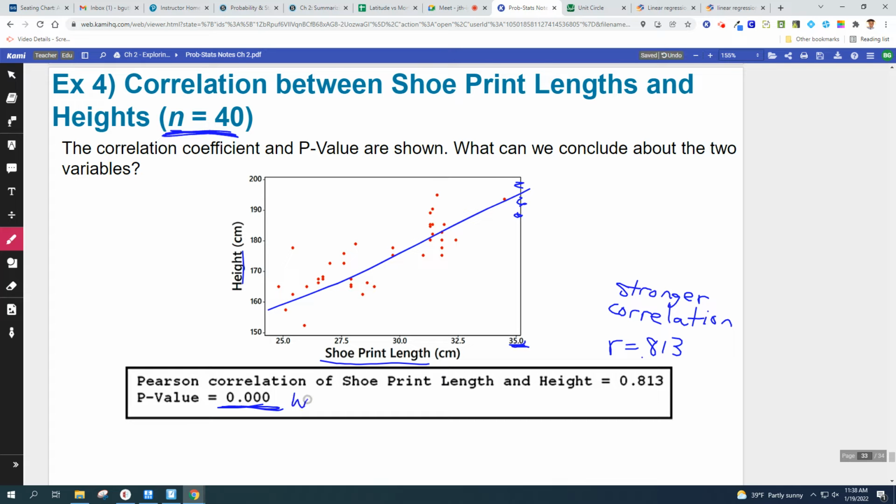And with this, because it's less than 5%, we can conclude a linear correlation.